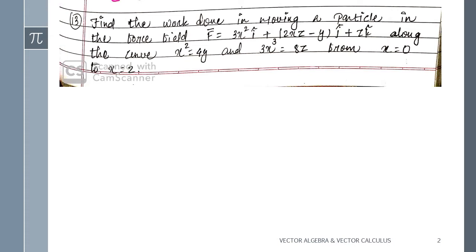Find the work done in moving a particle in the force field F bar, given along the curve x square equals 4y and x cube equals 8z, from x equals 0 to x equals 2.